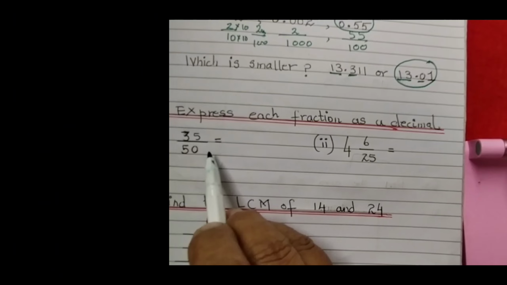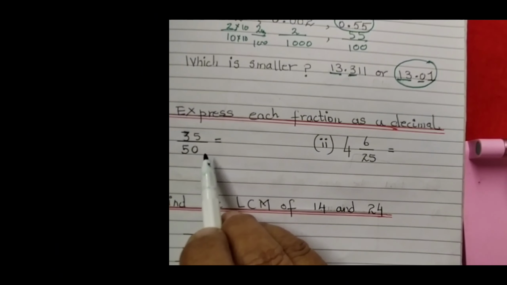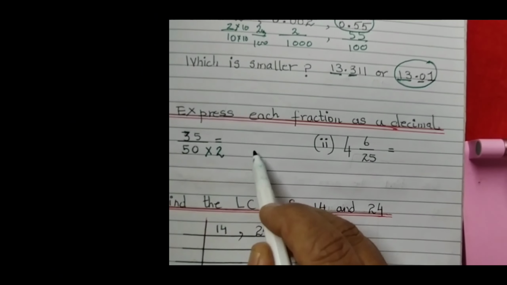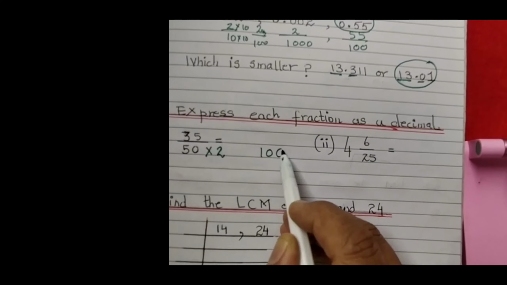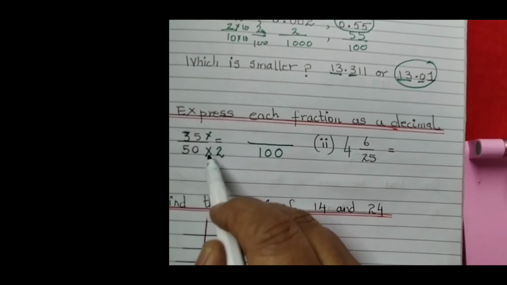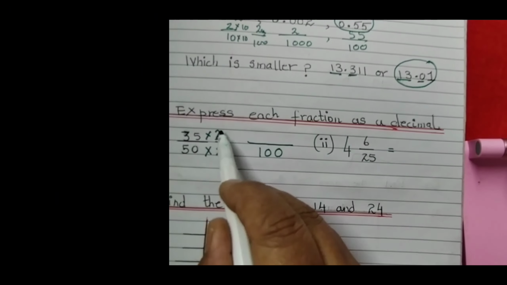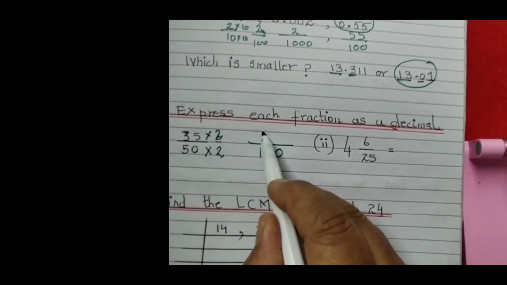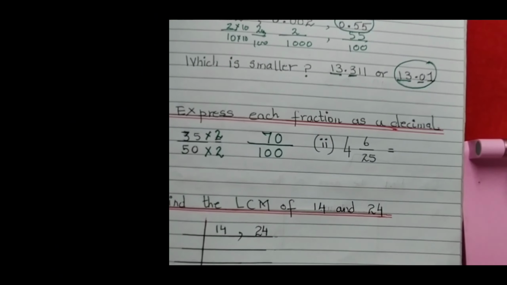But what do you think is easier? 100 can be easily made with this 50. How? 50 times 2 gives us 100. I do the same here, I multiply by 2 here as well. 35 into 2. Double 35, you get 70 upon 100.